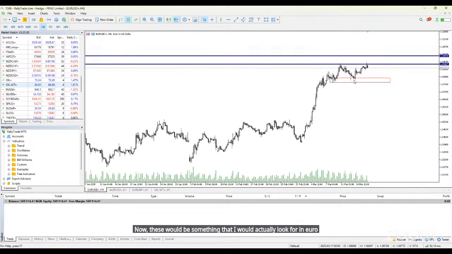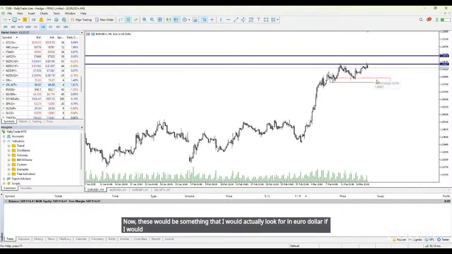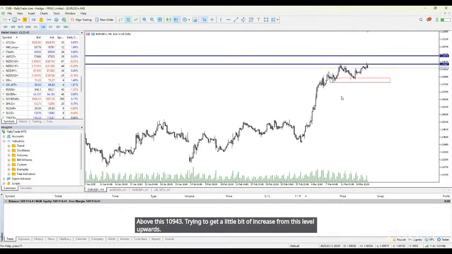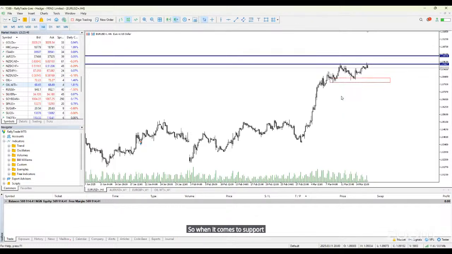If I would not see a drop here, or I would, let's say, miss it, I would check for a break above this 1.0943, trying to get a little bit of increase from this level upwards. So when it comes to support, we have different strategies.